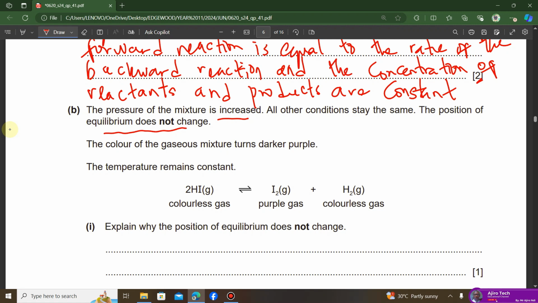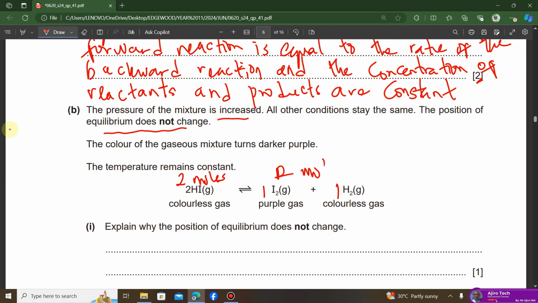Now, the factor of pressure is dependent on the volumes or moles of reacting species. So let's get the moles of reacting species. On the side of the reactant, we have just 2 moles of reacting species. And on the product side, on the right, we have a coefficient of 1 and 1, so if we sum that up, that's 2 as well.